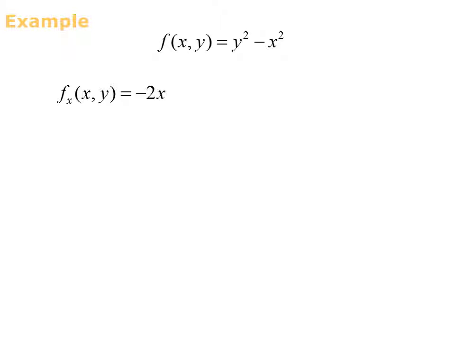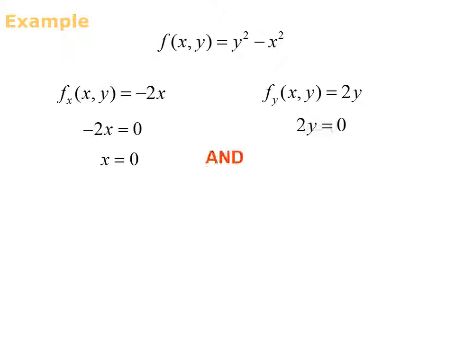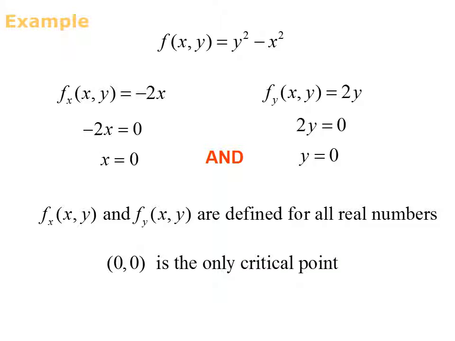We'll take the partial with respect to x, set it equal to 0. We'll take the partial with respect to y, set it equal to 0. We want x equals 0 and at the same time y equals 0. That implies the only potential critical value is indeed (0, 0).